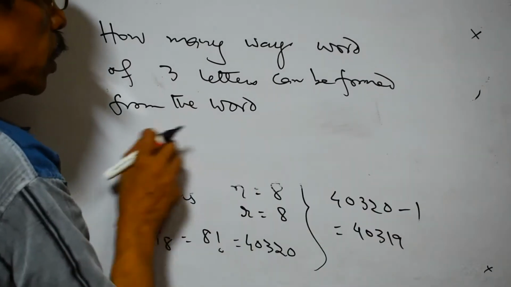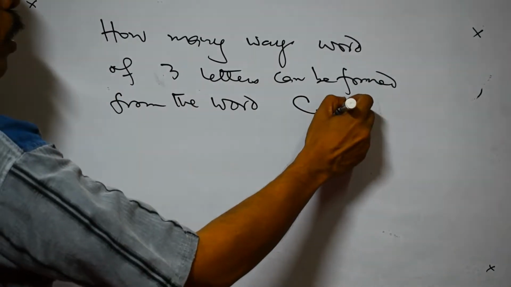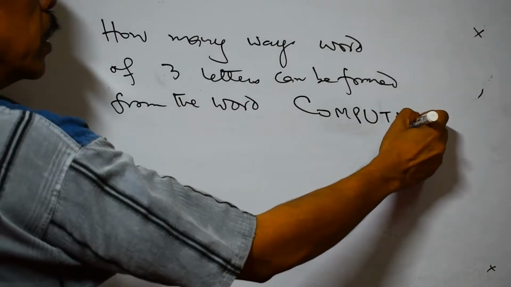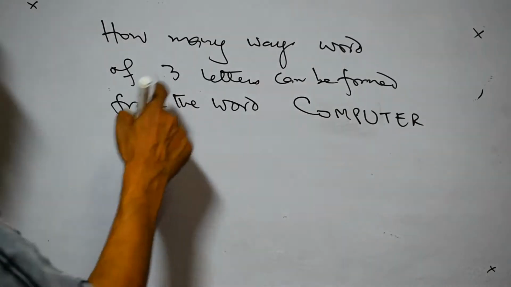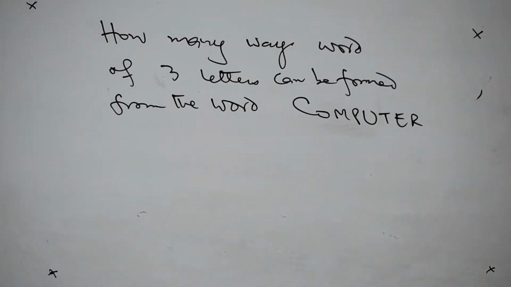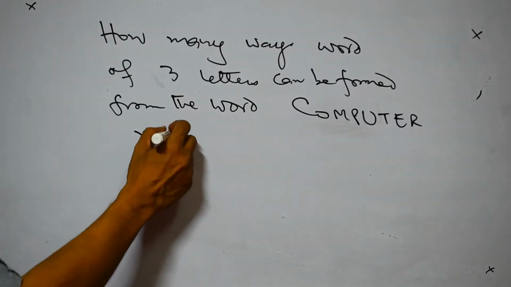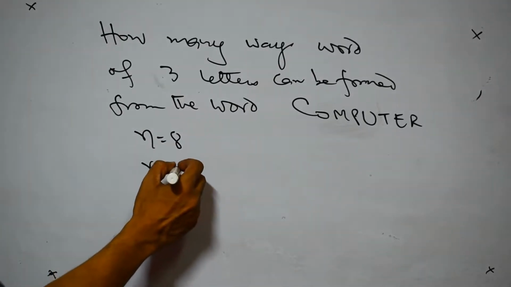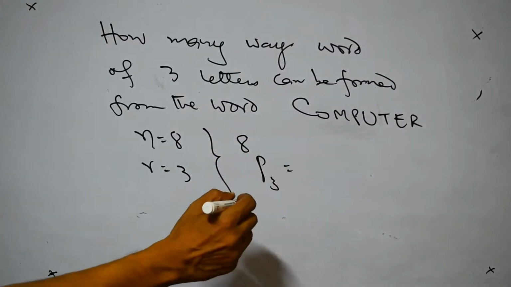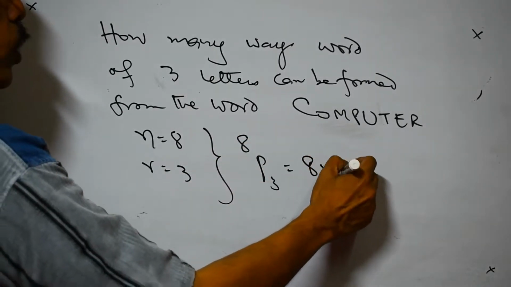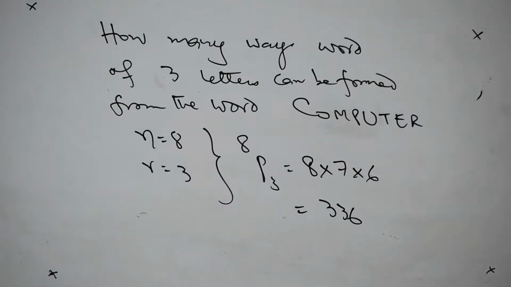Here I am not saying that all the letters of the word computer will be used, but we are taking 3 letters. The total number of letters is 8, but we are taking r as 3, so our answer will be 8P3, which is 8 into 7 into 6, that is 336 different words.